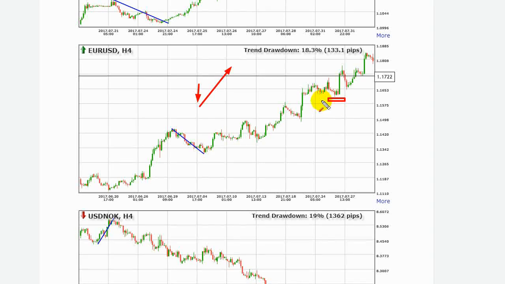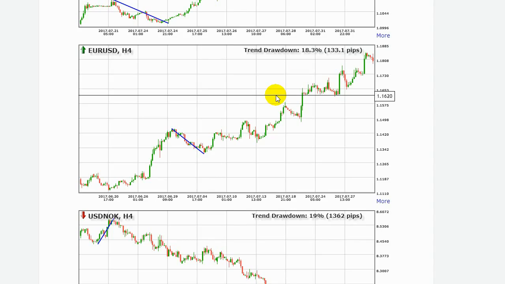So they want their stops nice and tight so they can take advantage of a higher position size. I don't use just putting it underneath lows. That doesn't make any sense to me. I use more of a volatility base, which is ATR times 1.5, times 2, depending on the trade, and you can also use trend drawdown. So if you went long anywhere in here, make sure your risk is in line with a 133 pip pullback.